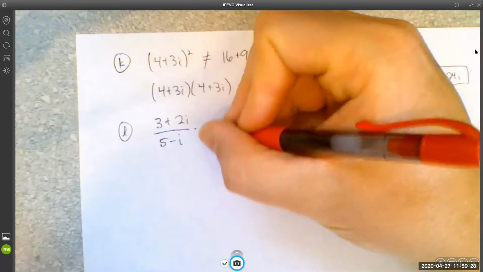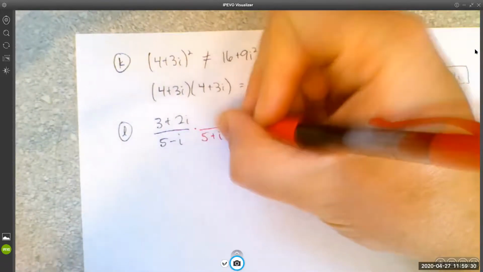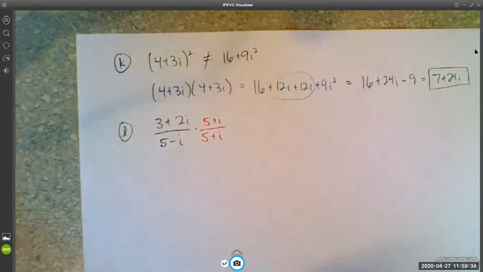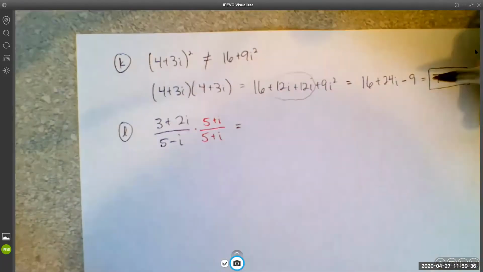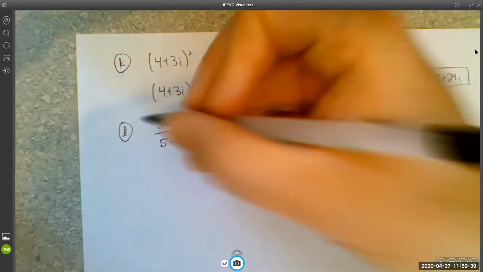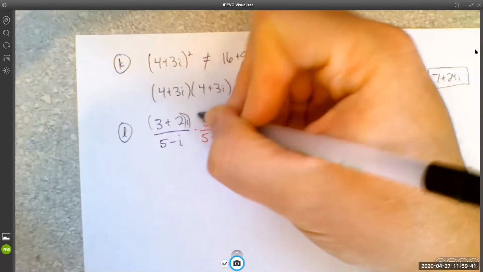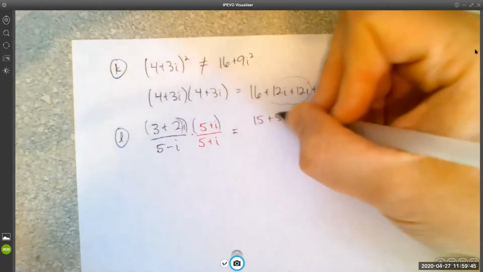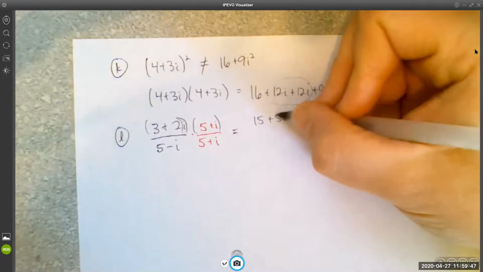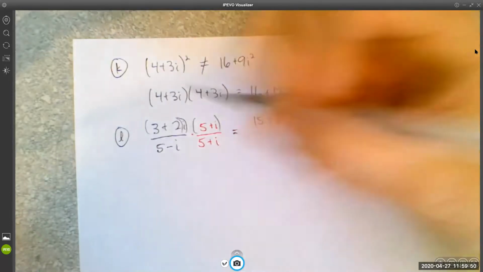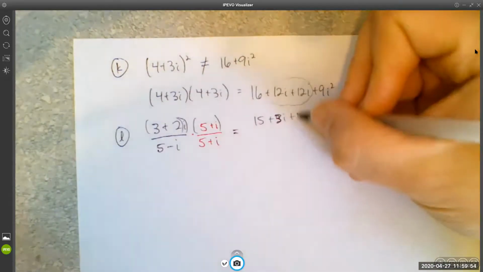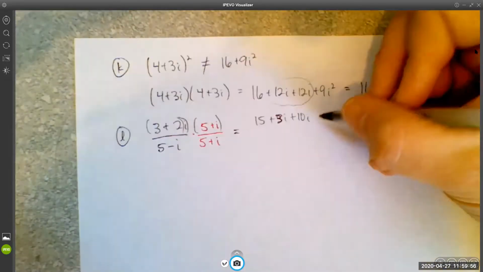So let me show you. In this case, the conjugate would be 5 plus i. So we're going to multiply top and bottom by 5 plus i. And make sure to FOIL, right? So FOILing, we would get 15 plus 3i, I apologize, it's 15 plus 3i plus 10i plus 2i squared.